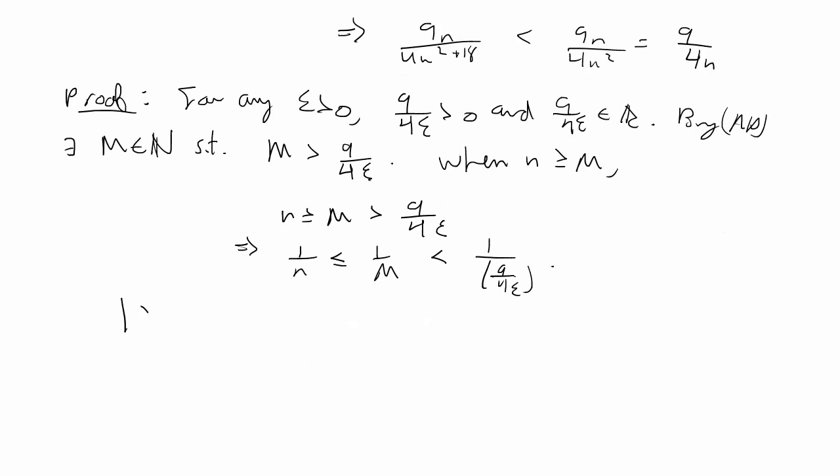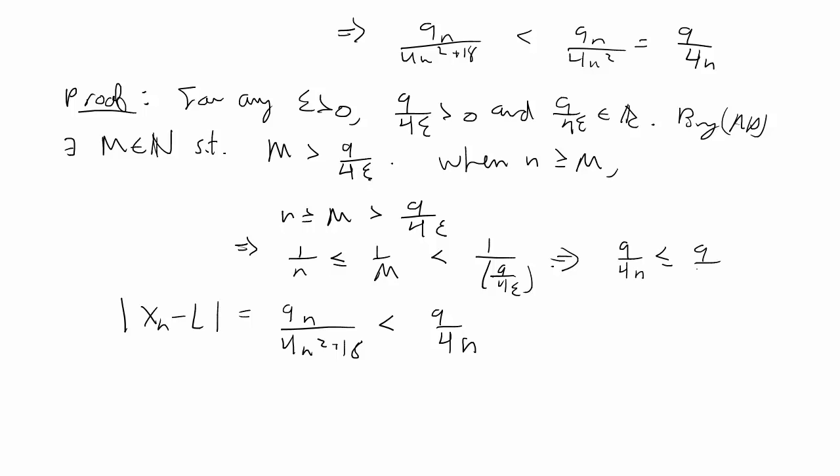Then we know that xn minus L equals 9n over 4n squared plus 18. If you're counting this upper part as scratch paper, then you want to go ahead and write that out. Once you get to that, we know that that is less than 9 over 4n. And we know that, if you multiply this by 9/4, that would give you 9/4 n is less than or equal to 9/4 m, less than or equal to 9/4 times 9 over 4 epsilon.